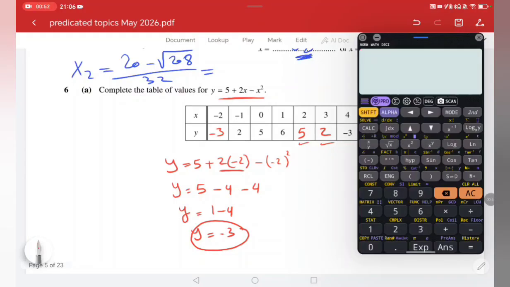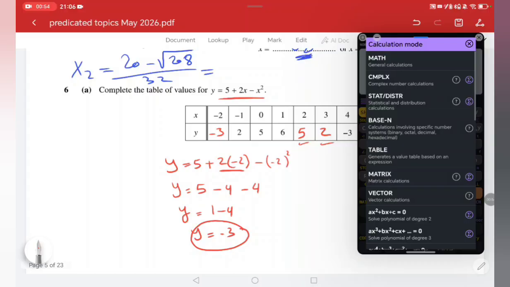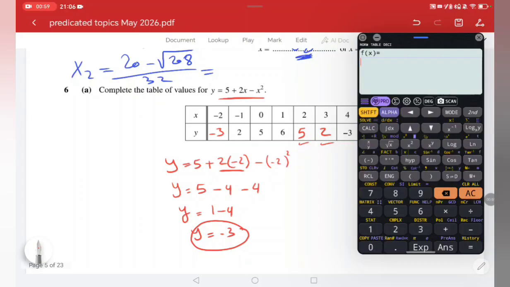If you have in your calculator mode, you will find the function table. In mode, you'll find table. You may write the formula: 5 plus 2 alpha x, where you have to find x in your calculator, minus alpha x again squared.